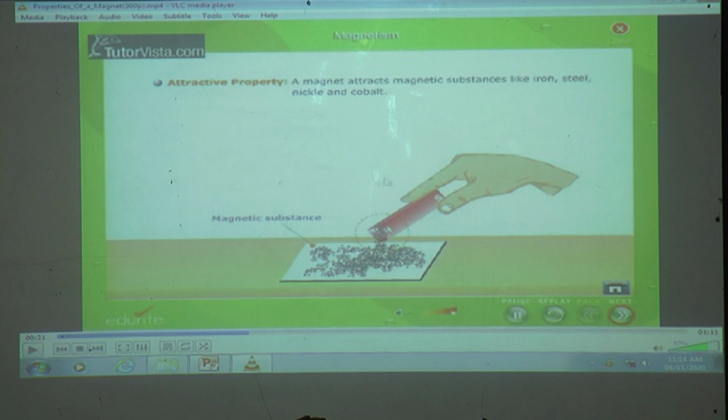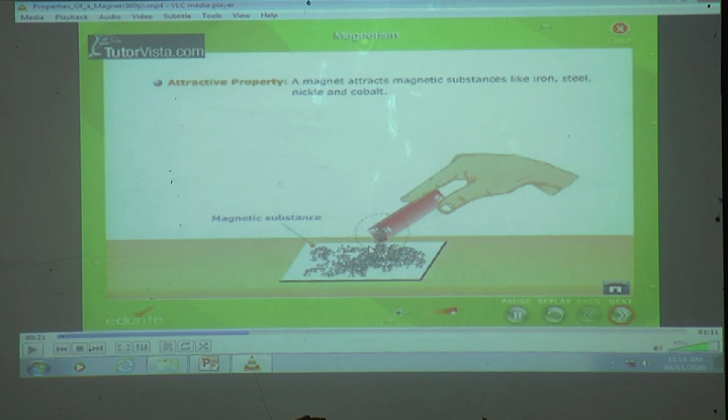So here you can see a mixture of magnetic substances and also non-magnetic substances kept here, and you can see this man is going to take this north pole towards these magnetic and non-magnetic substances. So what you will see is that whatever magnetic substances are there, these are going to be attracted towards the magnet.